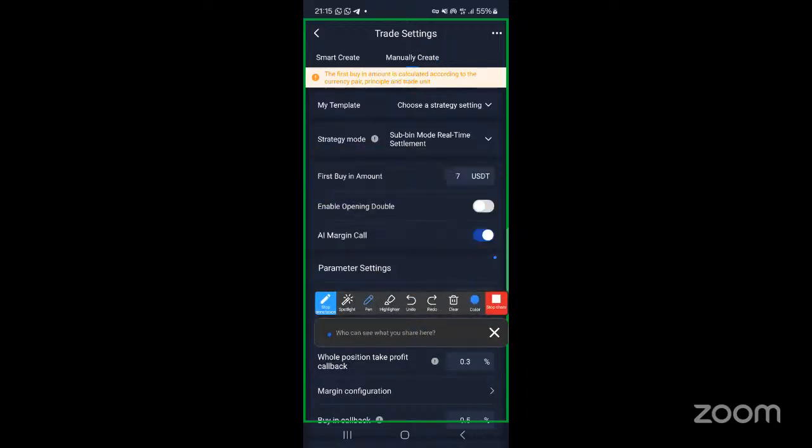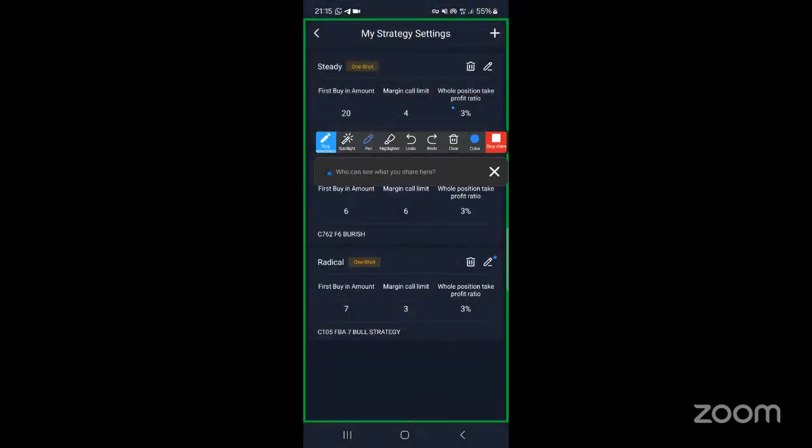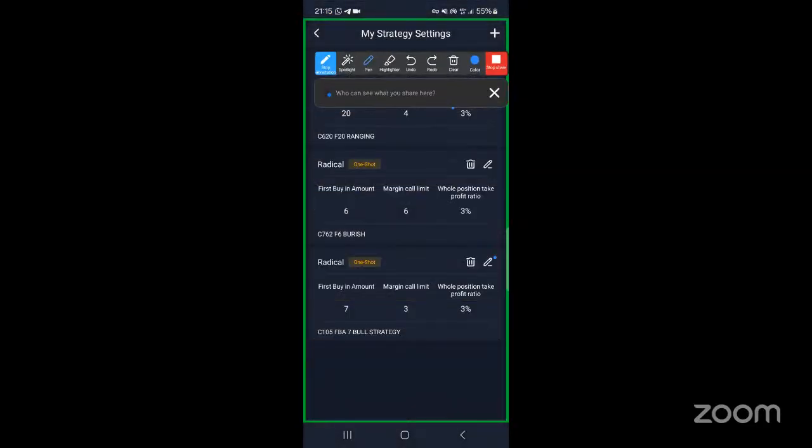Choose. This is where you now enter your template, choose a strategy. So we said for the coin we are going to use, we are going to be radical. If I want to use a capital of 6,760, we are going to be radical.